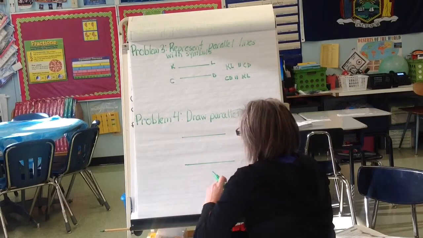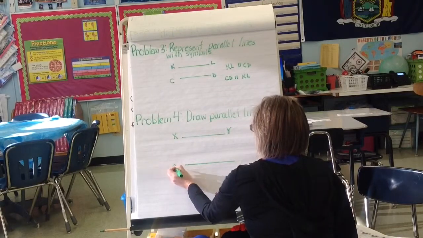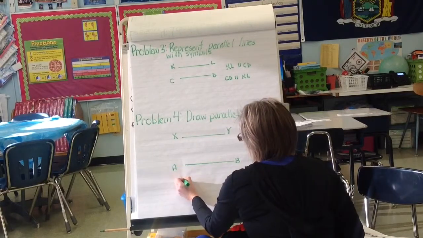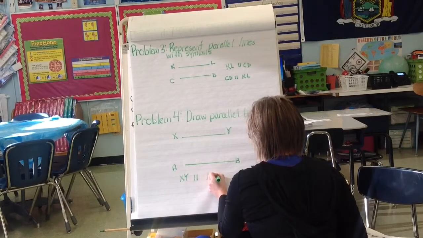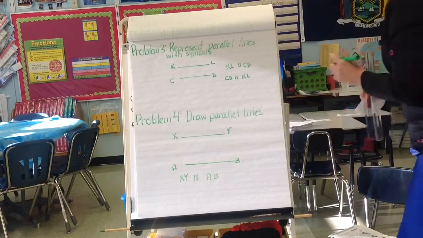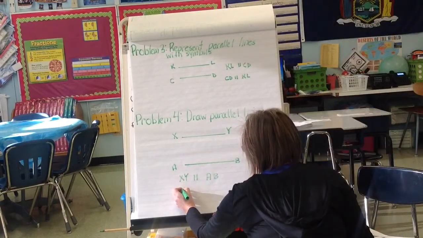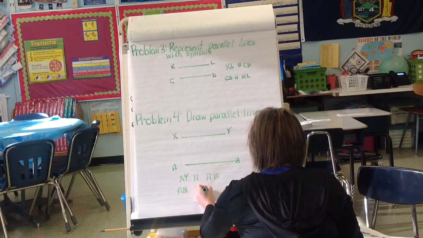So we can label them X, Y, A, B. XY is parallel to AB. Or you could write it the other way, AB is parallel to XY.